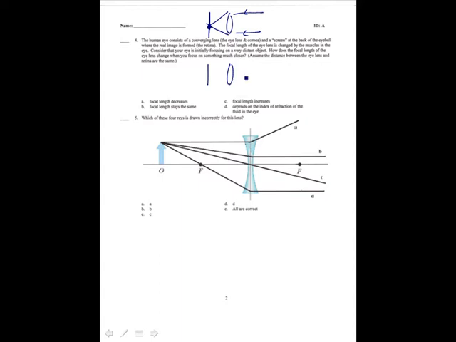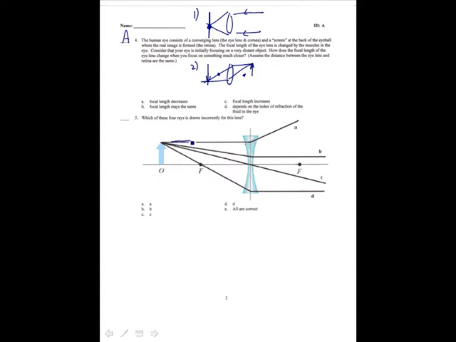However, we can change our focal length. In this case, our focal length is going to get smaller in order to produce an image that's still at the same point on the retina. So the focal length going from this point to this point is going to decrease. That's option A.